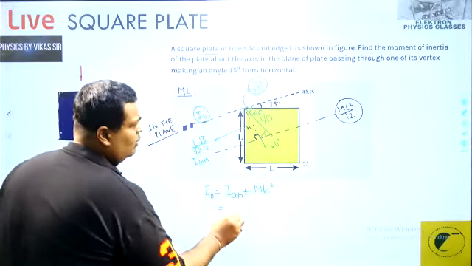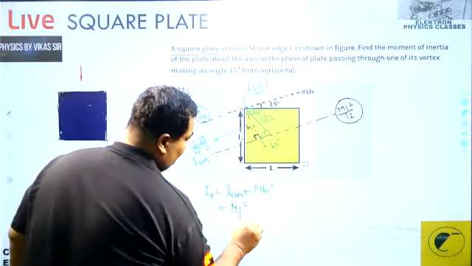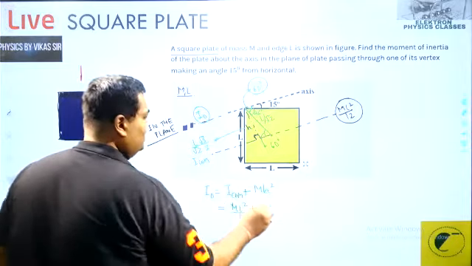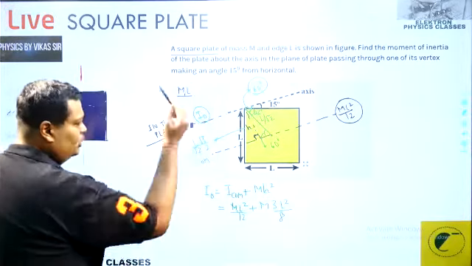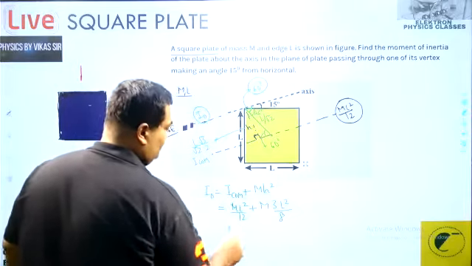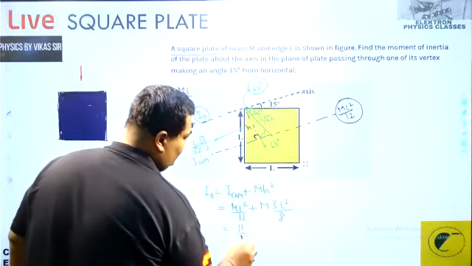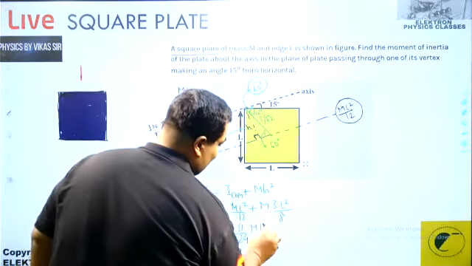That's it. That becomes ml square by 12 plus m, and the square of it becomes 3l square upon 8, root 3 square over root 2 square. That's 3 by 8 plus 1 upon 12, which gives me 11 upon 24. That's 11 upon 24 ml square.